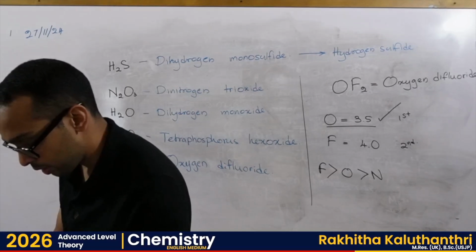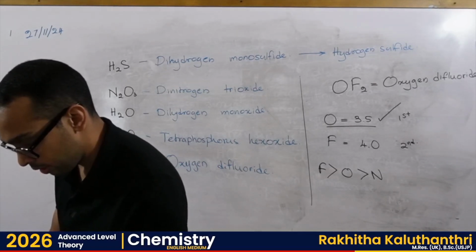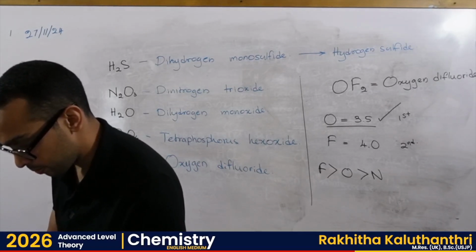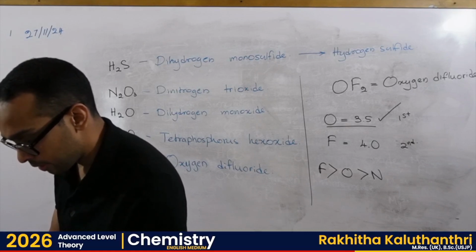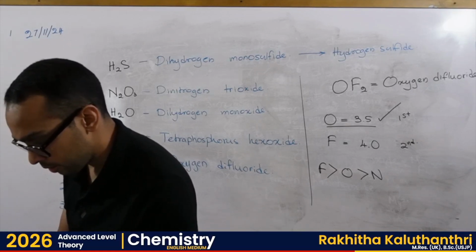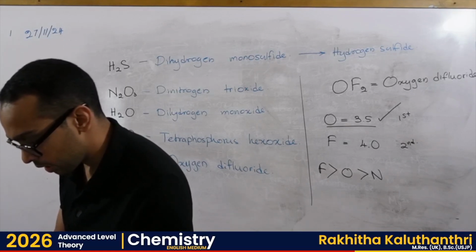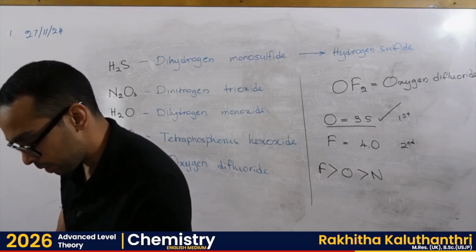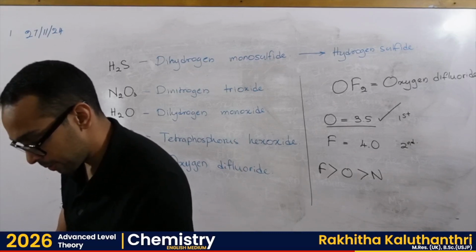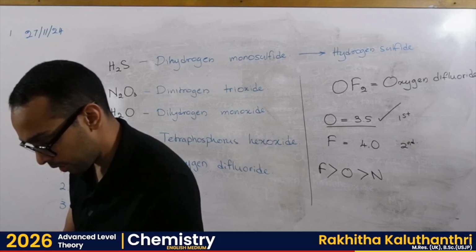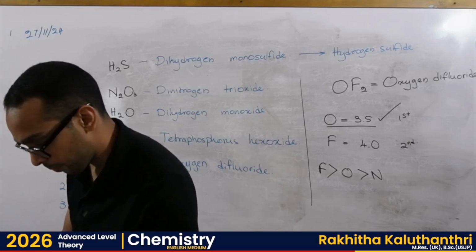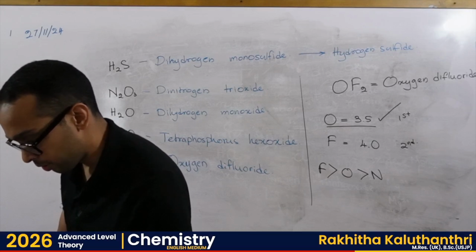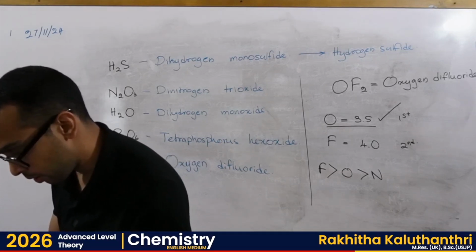Dinitrogen monoxide, sulfur trioxide, dinitrogen. Right, I do see that some of you are making a small mistake here. I will correct that. So yes, I see all the answers you have sent me. Thank you.